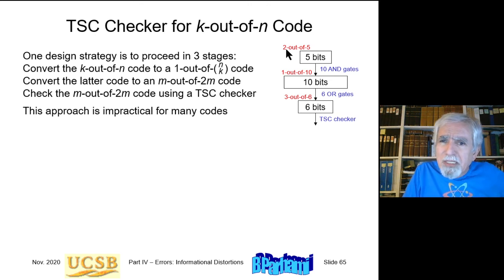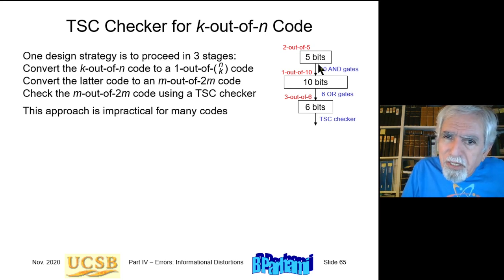So if I want to design a 2 out of 5 totally self-checking checker, and 2 out of 5 is not of the form M out of 2M, I can't use the previous design strategy. I convert the 2 out of 5 code into a 1 out of 10 code using 10 AND gates. This can be proven to be totally self-checking.